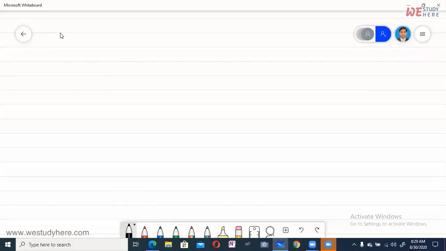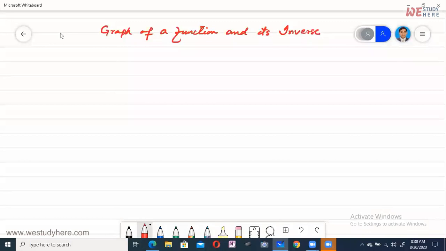Our today's topic is graph of function and its inverse. Graph of a function and its inverse.